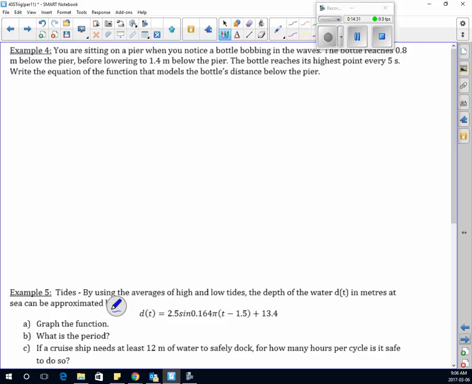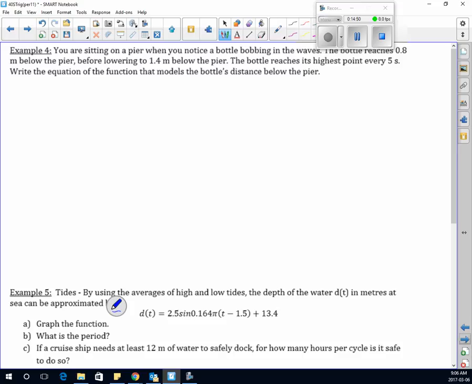You're sitting on a pier when you notice a bottle bobbing in the waves. The bottle reaches 0.5 below the pier before lowering to 1.4 below the pier. The bottle reaches its highest point every 5 seconds.